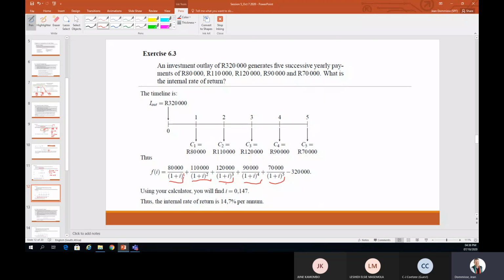The other way of doing it, and now I'm looking at my calculator, the HP, so I'm hoping the others also have it. On my calculator, I've got a function called IRR. I don't know if you also have that function on your calculator, or what it's called.